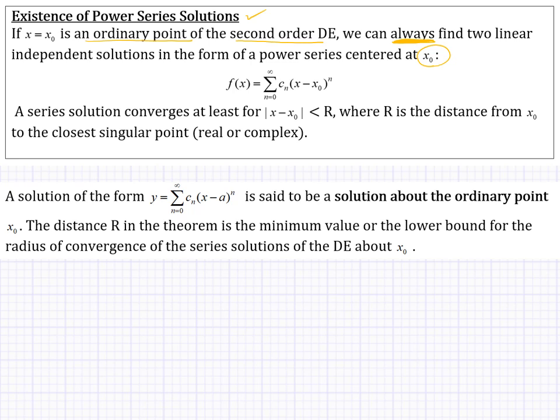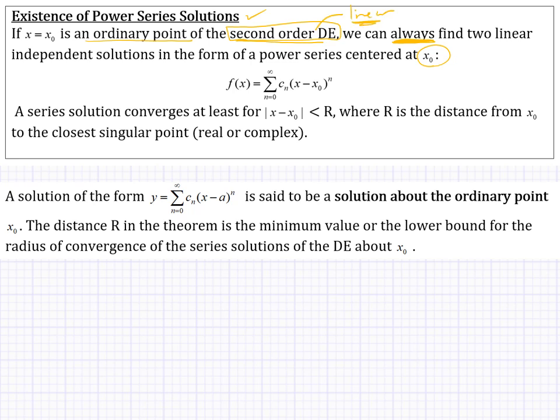Always. It doesn't say what kind of second order linear differential equation we can work with. It's not saying it's got to be constant coefficients, it's got to have polynomial coefficients even. It technically could have any coefficients we want as long as it fits the linear. I really should put in there second order linear.